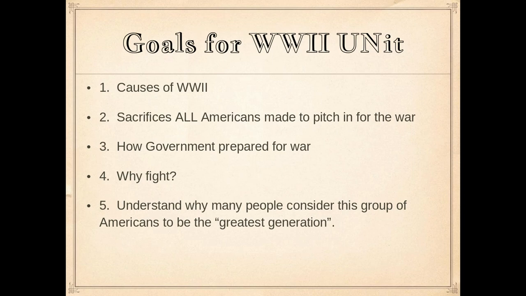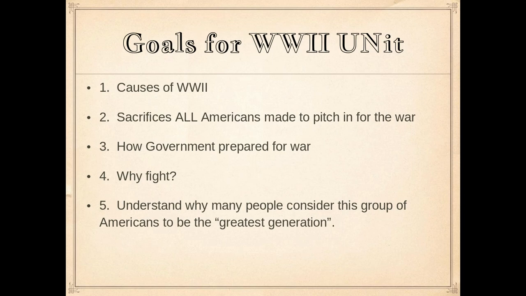It's maybe a different answer compared to previous wars. And the one thing that we'll be talking about is good versus evil. Some people say that this generation, the World War II generation, is the greatest generation of Americans that have ever been around, because they fought against insurmountable odds.